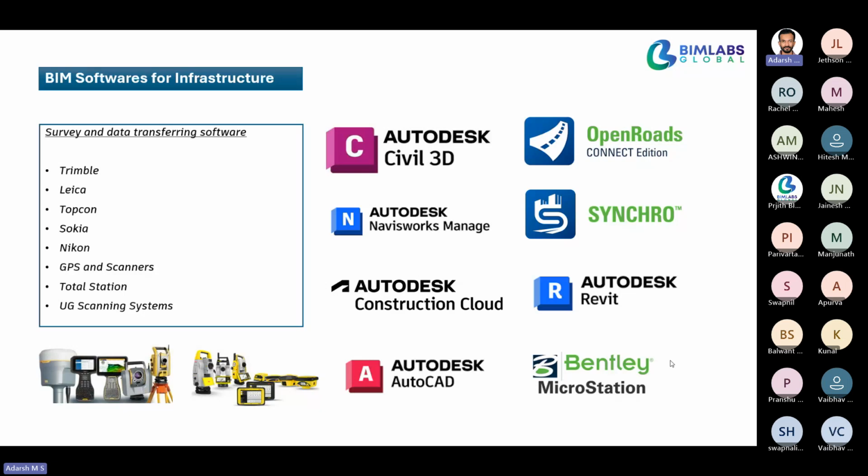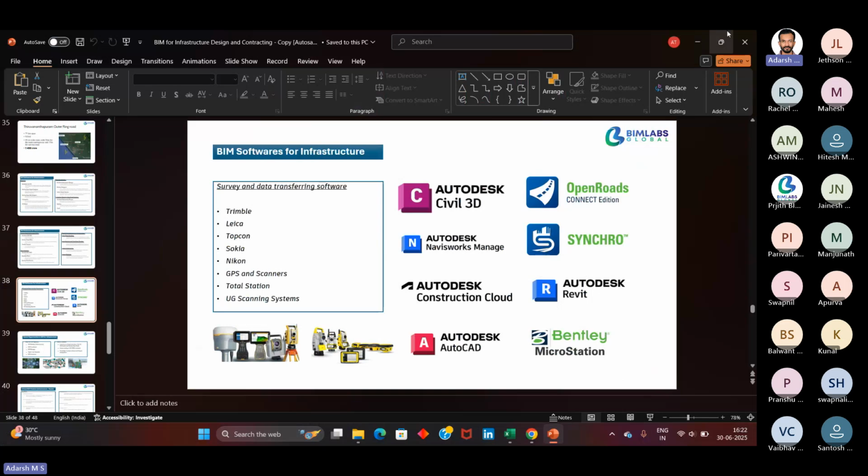You must learn these tools, or be equipped with these tools, in order to get placed in a company like Arcadis or Jacobs, who are dealing with infrastructure projects. Through our course, we will be teaching you these tools and we will prepare you to get placed in such huge companies. So let's dive into the course details.